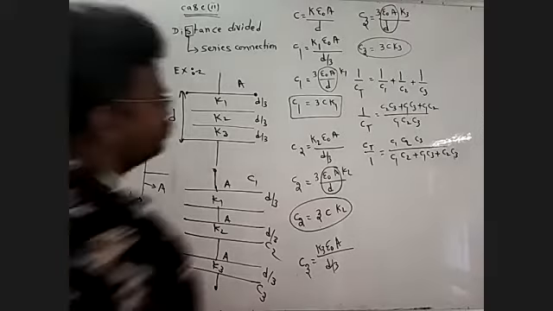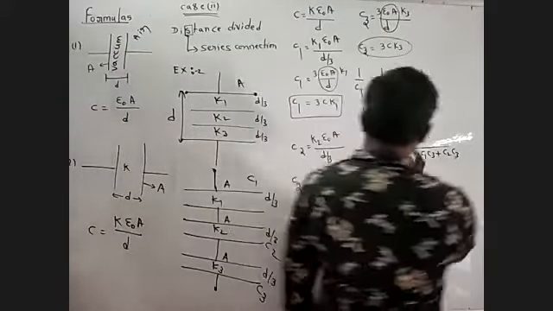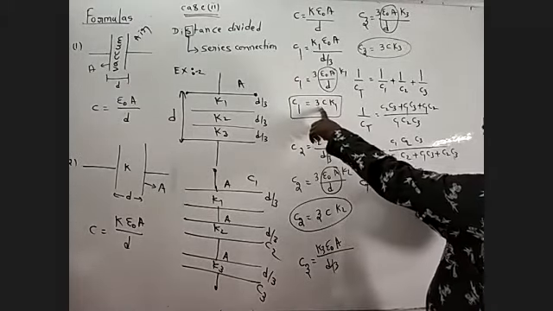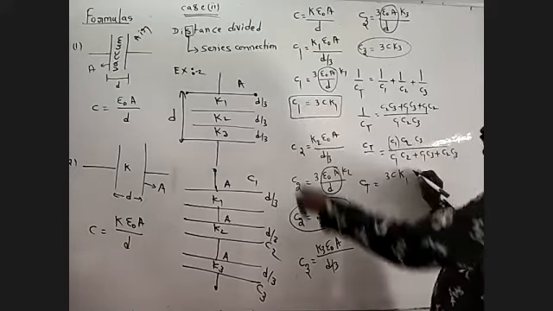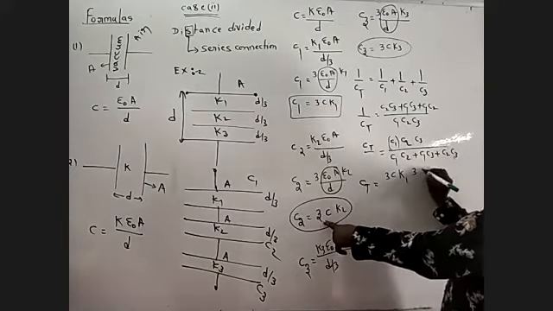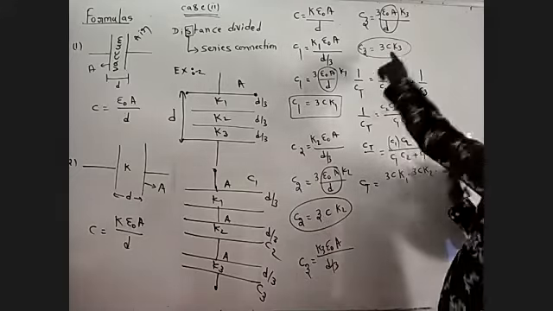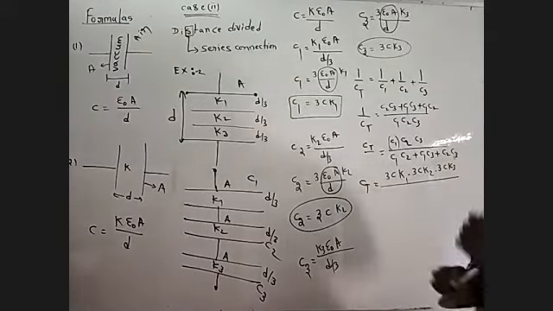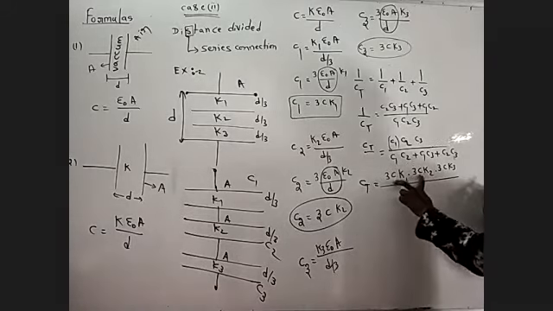Okay, now C total is equal to the C1 value, 3CK1, into the C2 value, 3CK2, into the C3 value, 3CK3, by C1 C2 plus C1 C3 plus C2 C3.